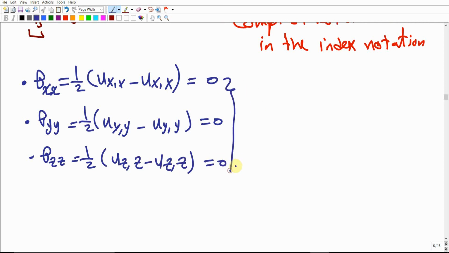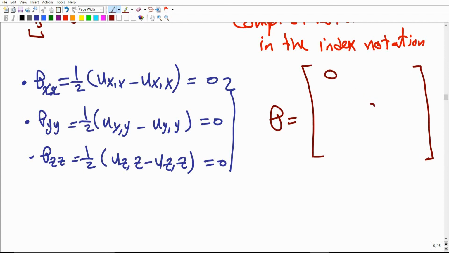These 3 components are the diagonal components, and they are zeros, and this is expected because this is a skew symmetric tensor. This is one of the properties of a skew symmetric tensor, that it has 0 diagonal components, right? So for example, as we mentioned, this theta tensor is going to be represented in this way. It should have 0 diagonal components.